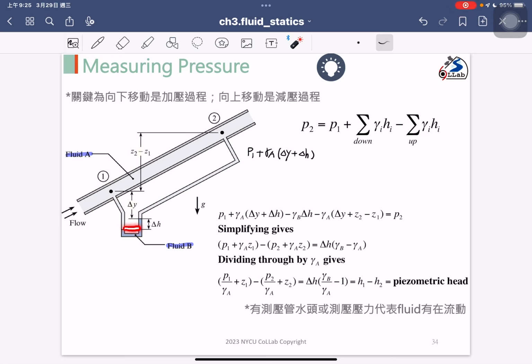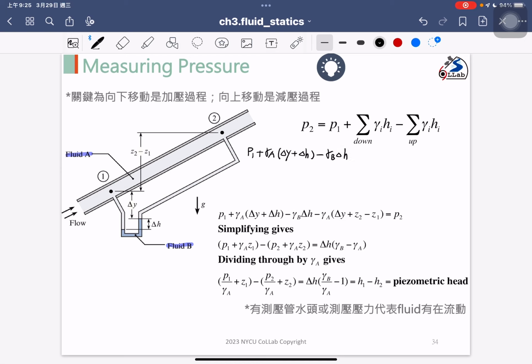And then we move to the right hand side in here, and we should go up again. Okay, so going up, we should have the minus pressure, and the fluid right now is gamma B, because this portion is contributed by the gamma B. So minus gamma B delta H, because going up.